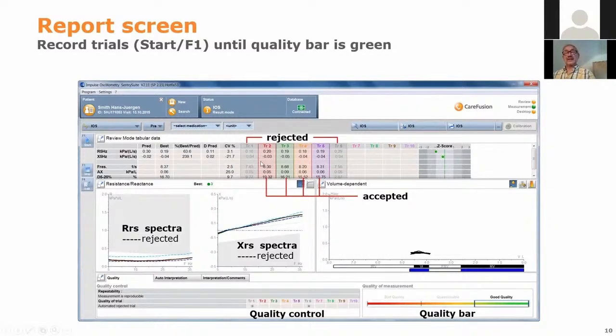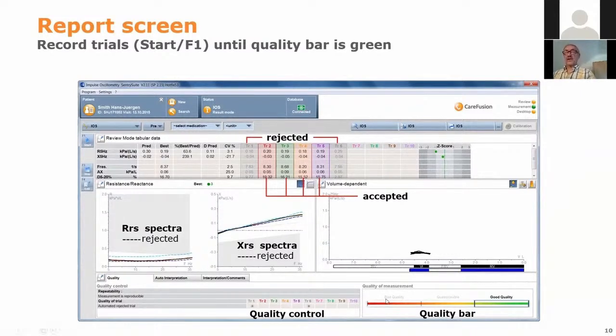Then 3 trials were okay, even 4 trials. And I added 1 trial which was also rejected because it's significantly different to these trials. And now you see that the quality bar is green and that you can stop.